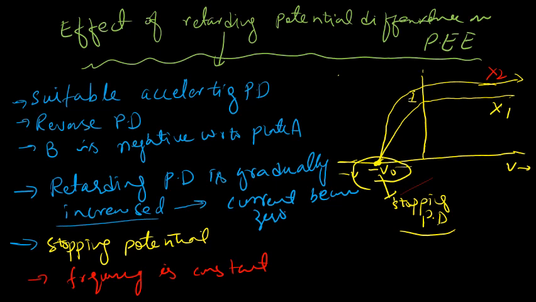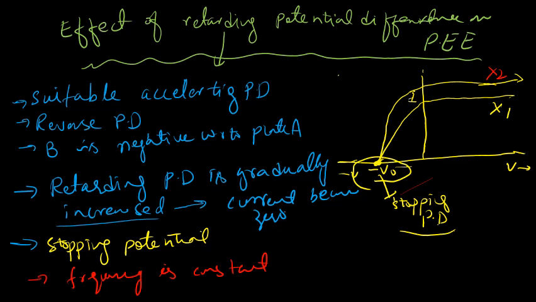So what is the stopping potential difference? It just stops the electron of maximum kinetic energy. When we start decreasing the potential difference, the electrons of low kinetic energy cannot reach the collecting plate, but only the electrons of large kinetic energy will reach the opposite plate.